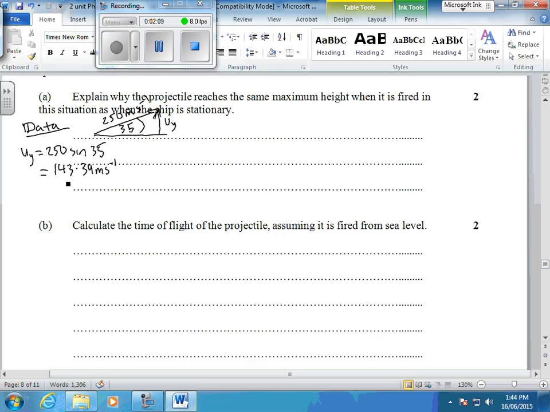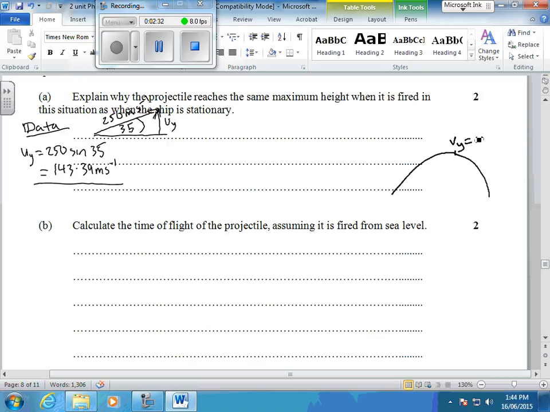So my initial velocity in the vertical direction is 143.39 meters per second. Now I know that for this projectile, in its flight it's going to go up, reach a maximum height, and come down again. At that maximum height it's halfway through its flight and Vy equals 0.